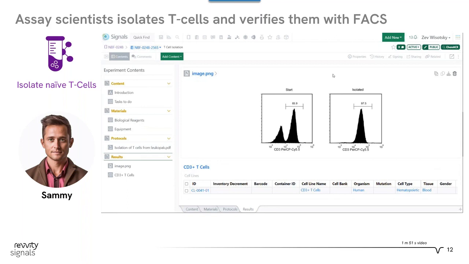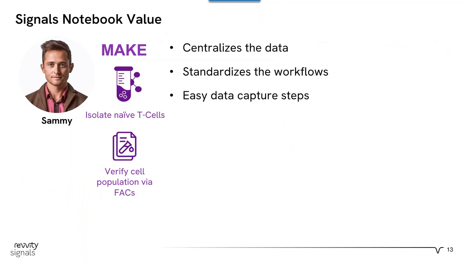But as we see, when we do downstream testing, we'll talk a little bit more about how we need a much different analysis for the screening. So just to summarize that piece, the Signals Notebook centralizes all the tasks in one place for Sammy to perform the experimentation. The templatized experiment allows him to standardize work for ease of data capture.